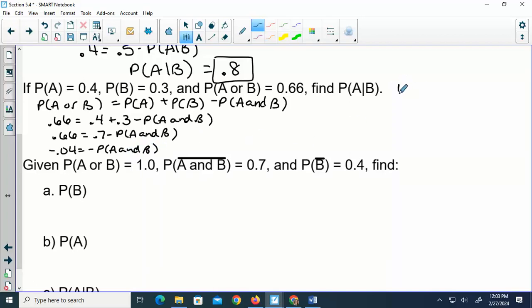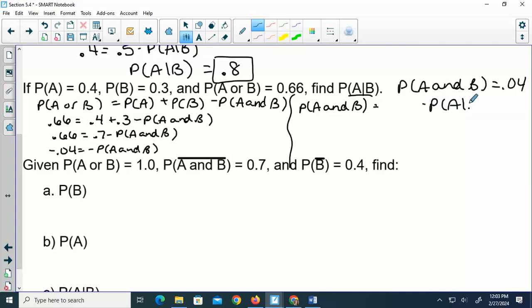So what we found is probability of A and B is 0.04. Now what formula can we use? So if you think, we need the probability of A given B, so we'll have to do the probability of B times the probability of A given B.